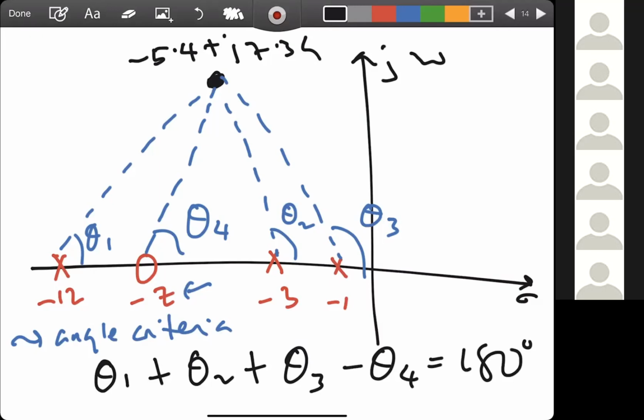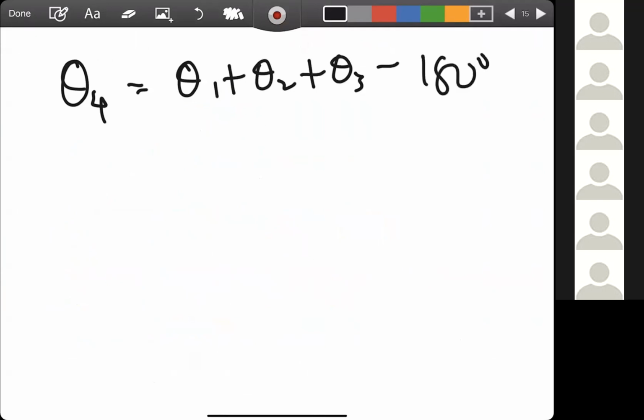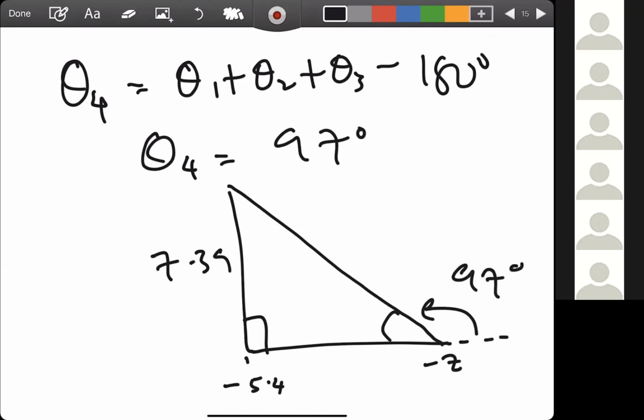Yes. So what is theta 4? Theta 4 is 97 degrees. So we have to find this one.